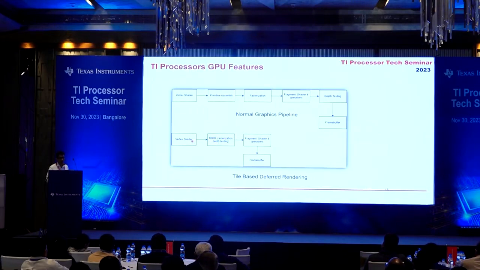So we have vertex shader, then we have this tile-based deferred rendering architecture, which does the rasterization and depth testing together, and there at the starting place only, we eliminate all those planes which are anyway not going to be visible to the end user, right? So there's a lot of DDR bandwidth saved there, and lots of good performance achieved there. And then we do all the fragment shading and all the other operations that are required for the rendering.